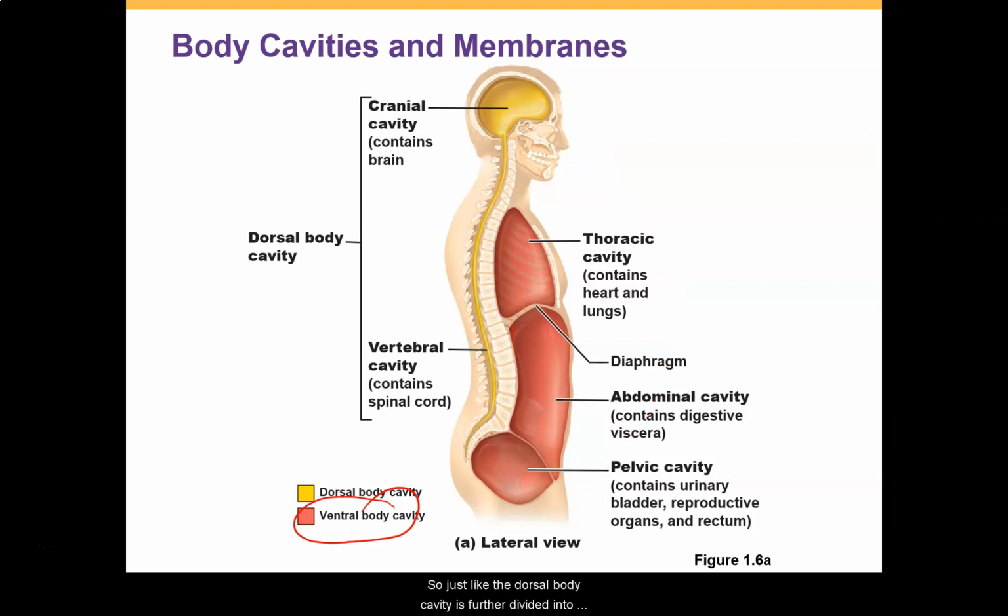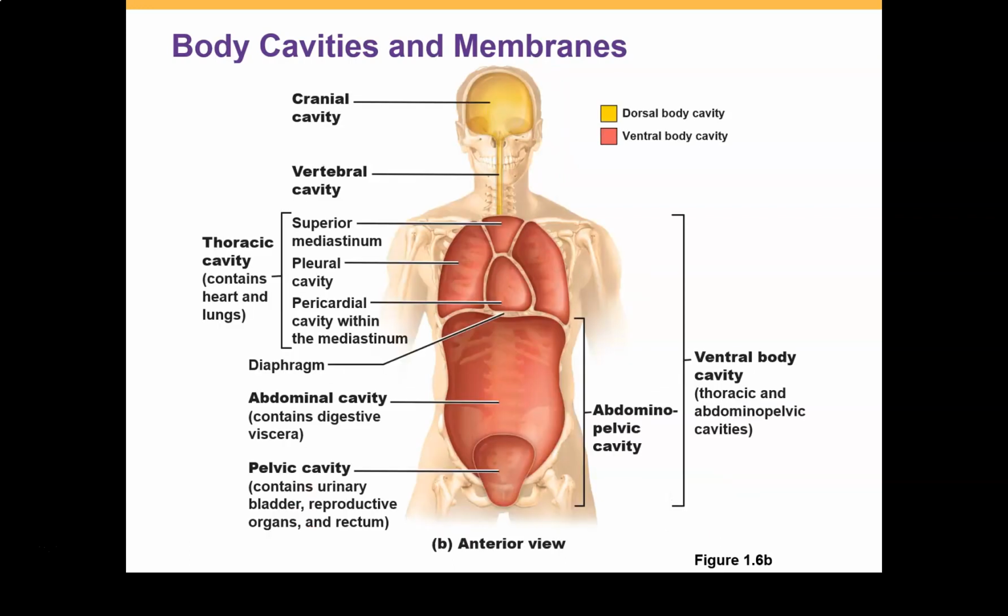So just like the dorsal body cavity is further divided into cranial and vertebral cavity, the ventral body cavity is also divided into subdivisions. The first subdivision are the cavities that are found in the chest. All of the cavities found in the chest collectively are known as the thoracic cavity.